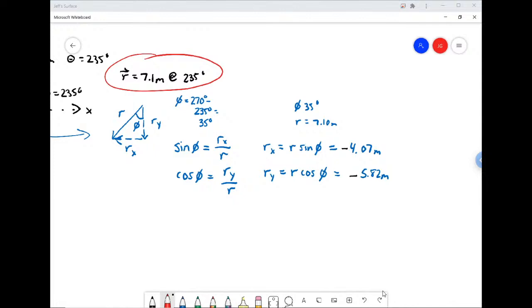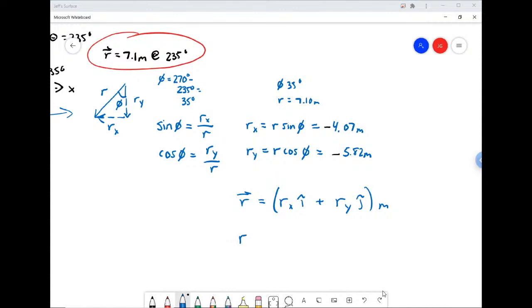And another way you could represent this vector is using x and y components. So I could do, down here, r equals the x component times its unit vector, i hat, plus the y component, j hat. And then we have to include units. It's a displacement vector, so it has units of meters.